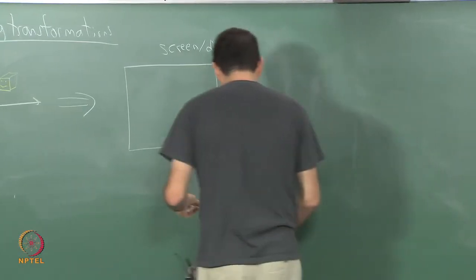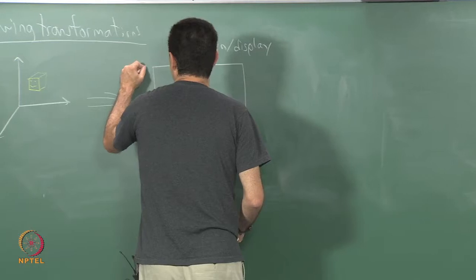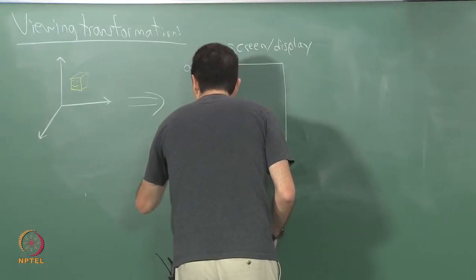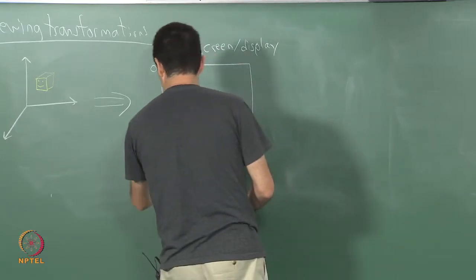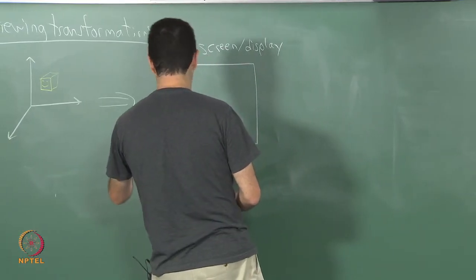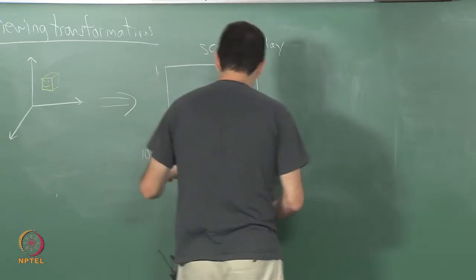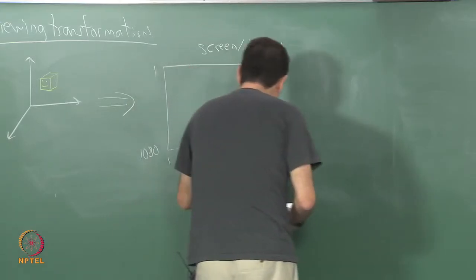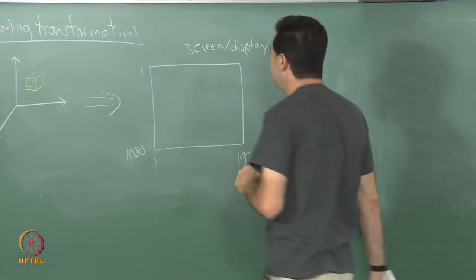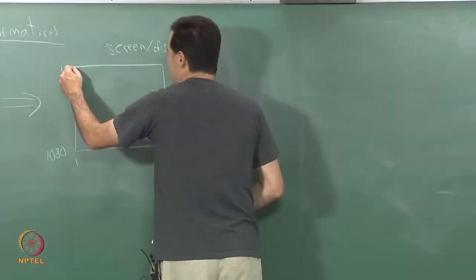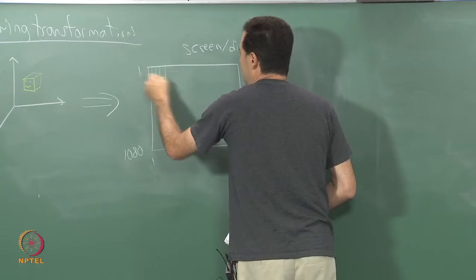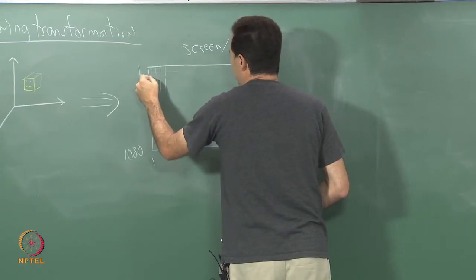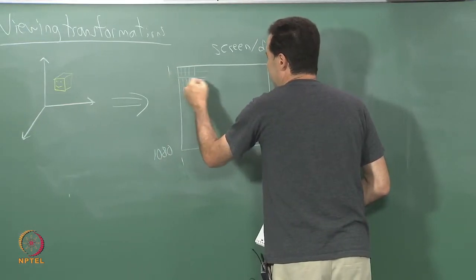How is this screen or display arranged? Perhaps it goes from 1 to 1080 and 1 to 1920, and this can be considered as discretized, just making up whatever coordinates I want here for the resolution.